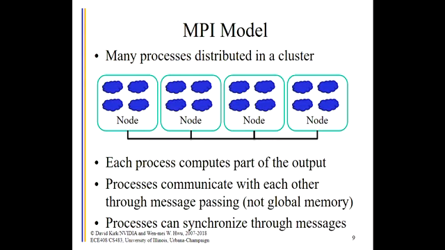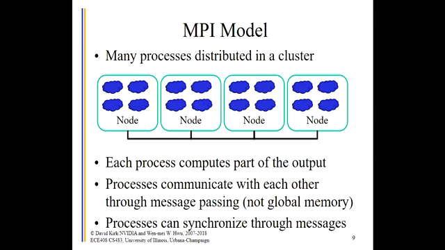These things are abstracted into these nodes, and there will be processes that run on these nodes. Each process computes a part of the output, and these processes will communicate with each other, and we call these processes MPI ranks.